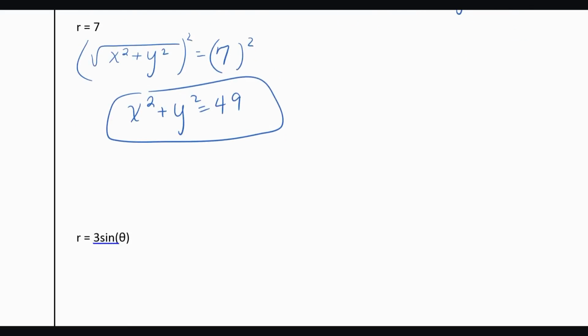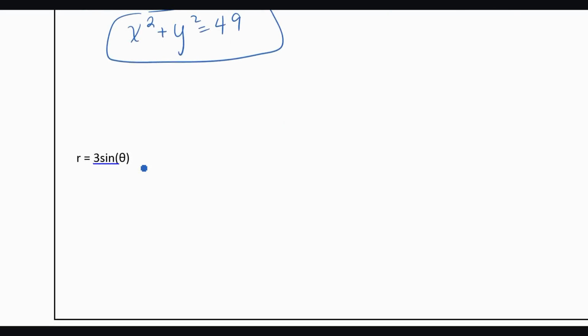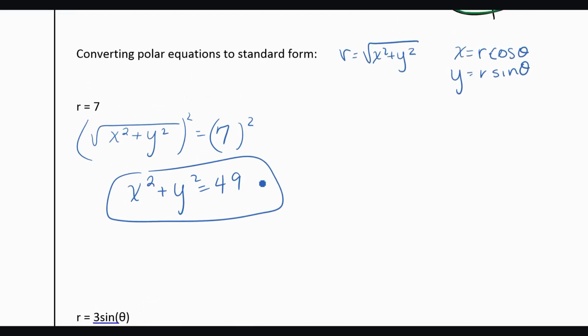Let's look at one more. Here we have r equals sine of 3 theta. The first thing we can do for r is put in the square root of x squared plus y squared. And for sine of theta, we know that if y equals r sine of theta, then y over r equals sine of theta.